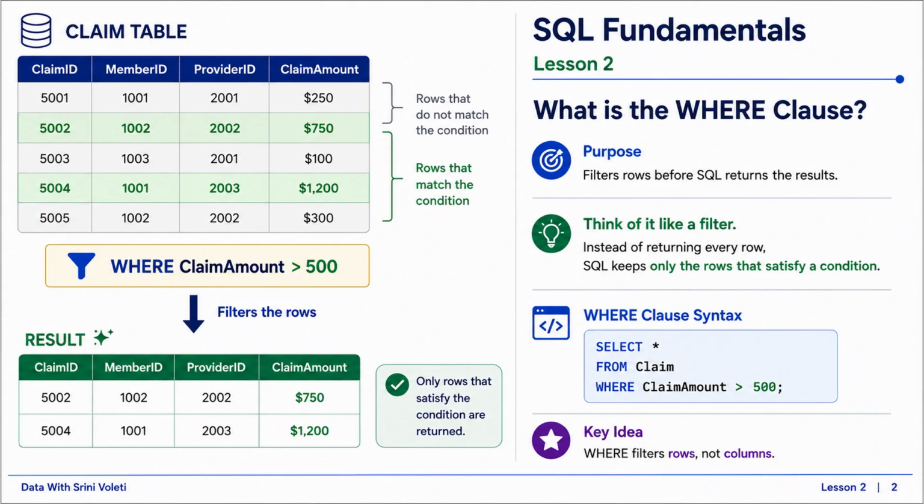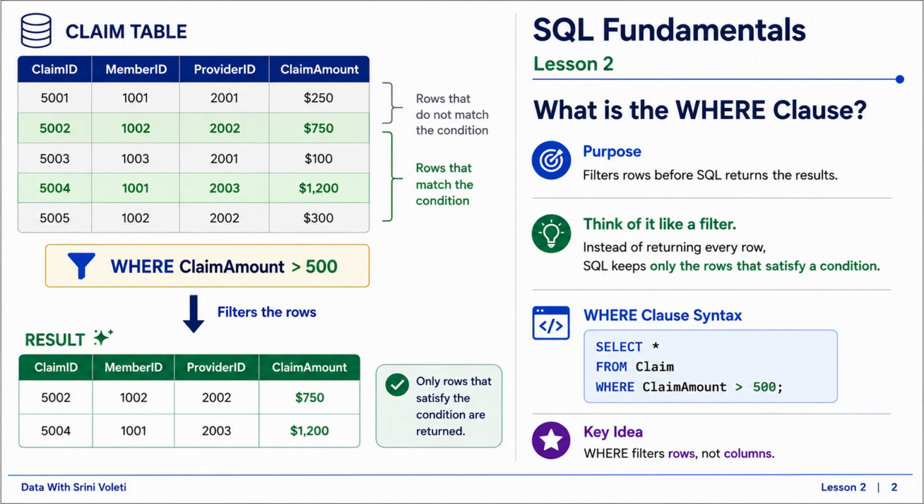In this example, our condition is simple. Claim amount is greater than $500. Let us see what SQL does. Starting at the top of the table, SQL evaluates each row one at a time. Claim 5002 has an amount of $750, so it satisfies the condition. Claim 5004 has an amount of $1200, so it also qualifies.